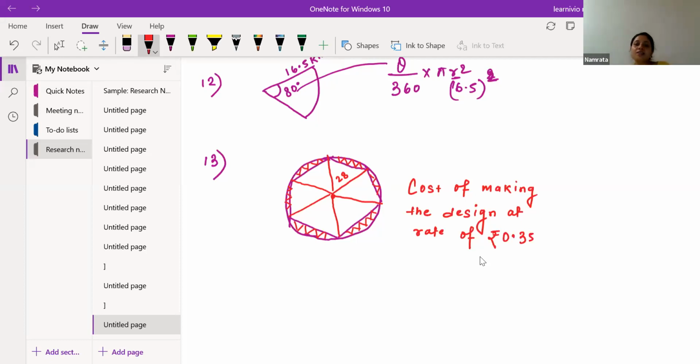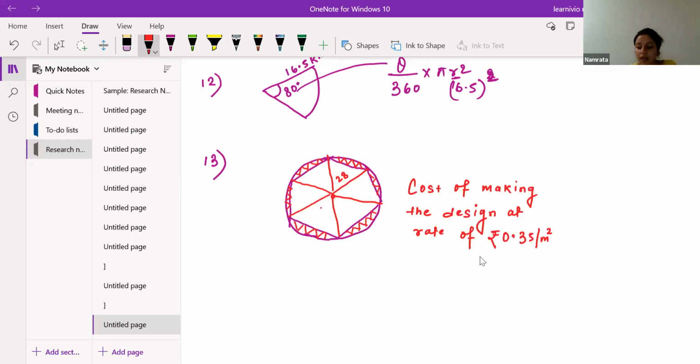Okay, so if we will look at the design only, can we say it looks like the segment of this circle? Can we say? Anyone? Yes. It looks like the segment.